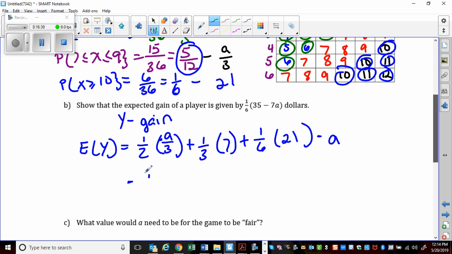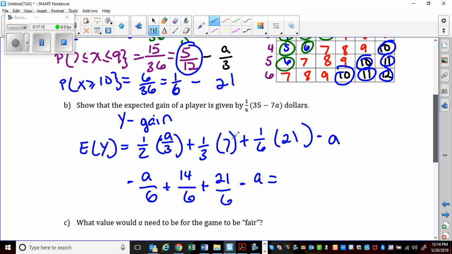So this is negative a over 6 plus, I can put 7 over 3 if I want a common denominator. That would be 14 over 6 plus 21 over 6 and then minus a. Or we can make this a common denominator also and put minus 6a over 6. I'm just going to put minus a.